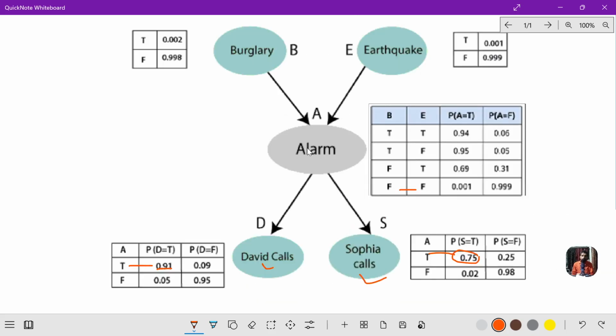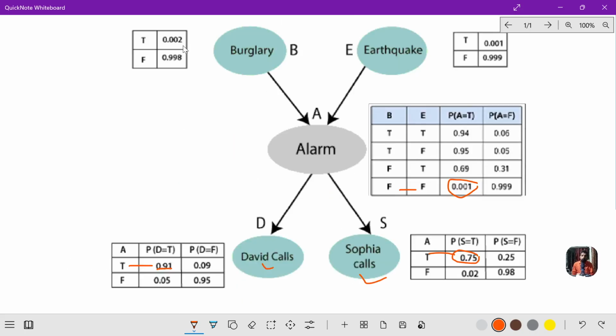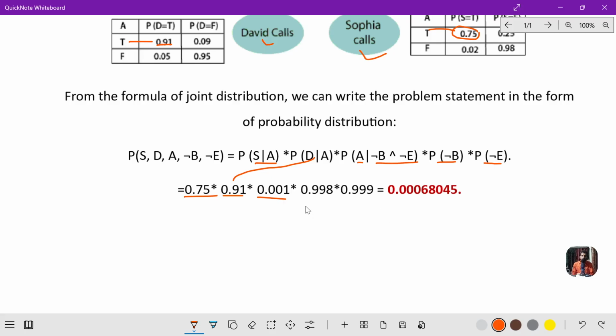So in this case the alarm is true while these are false, and the value is 0.001. Next, negation B, negation E. Negation B is this and negation E is this one: 0.998 and 0.999. Negation means the false value. So this is the final answer of this joint distribution.